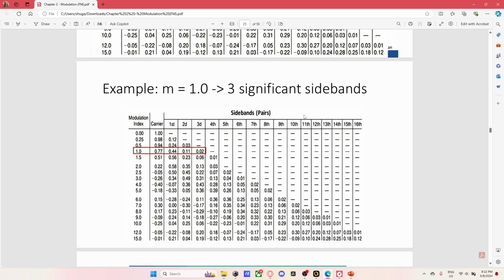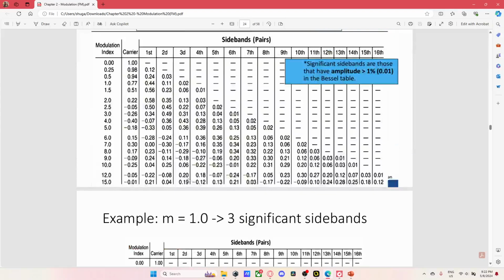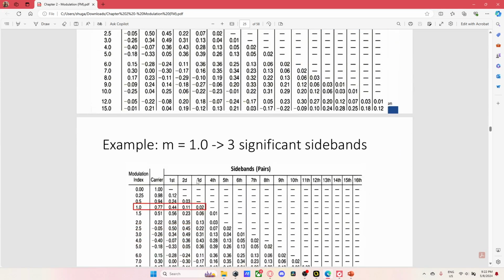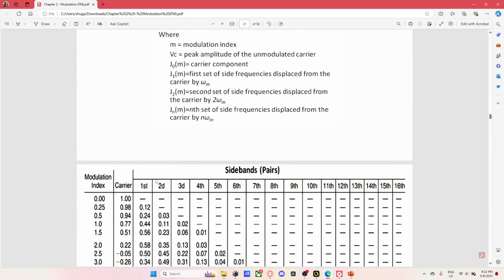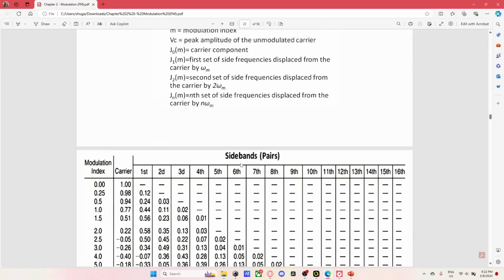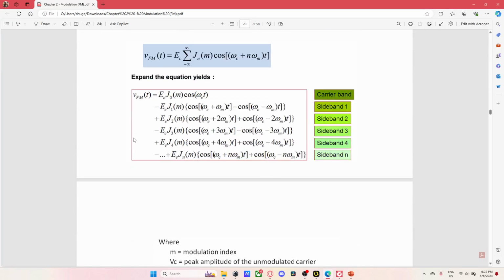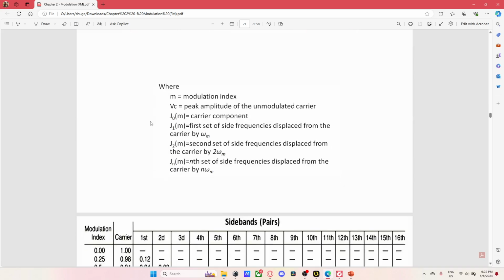This is how you identify the J value, the Bessel function value, using the Bessel function table.